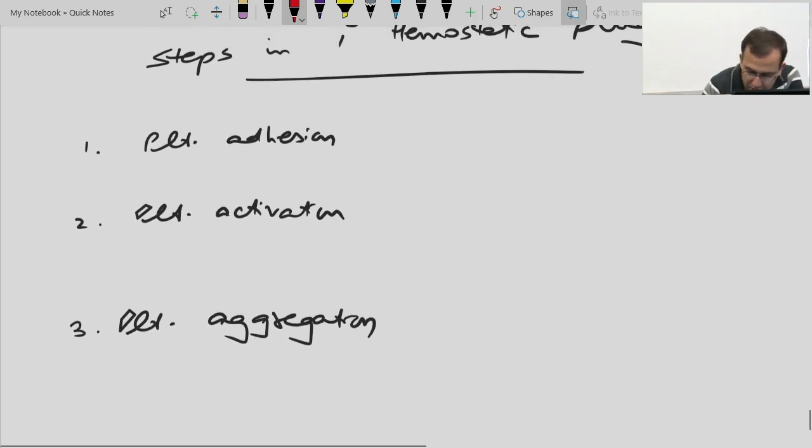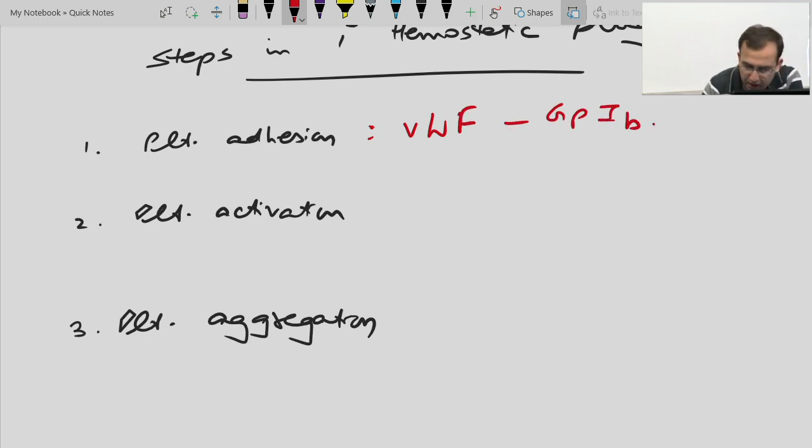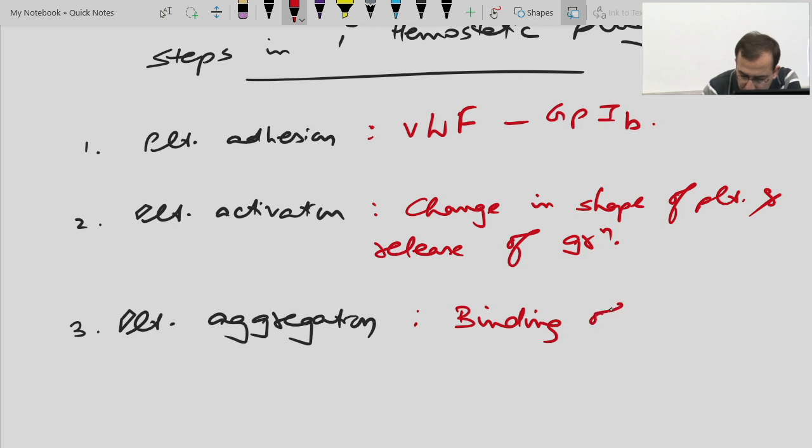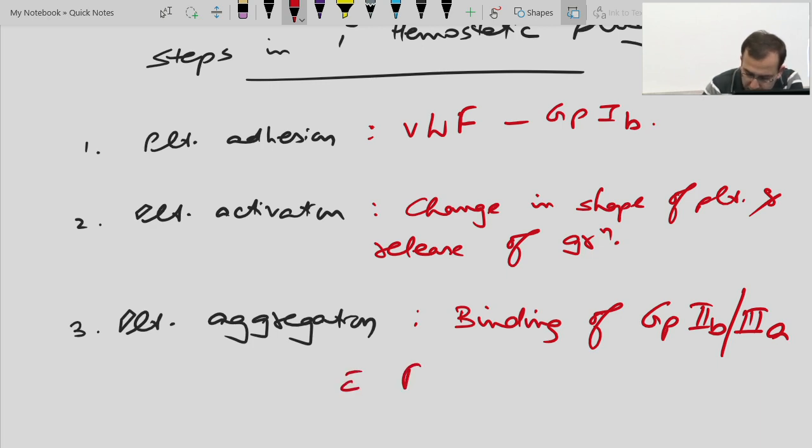Platelet adhesion is mediated by von Willebrand factor binding to GP1B, which in turn leads to a change in shape of platelets and release of granules, in turn leading to platelet aggregation, which is mediated by binding of GP2B3A with fibrinogen.